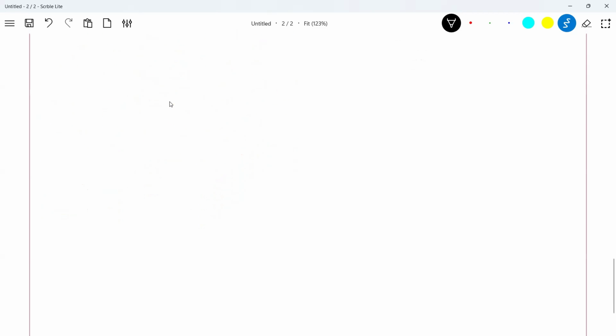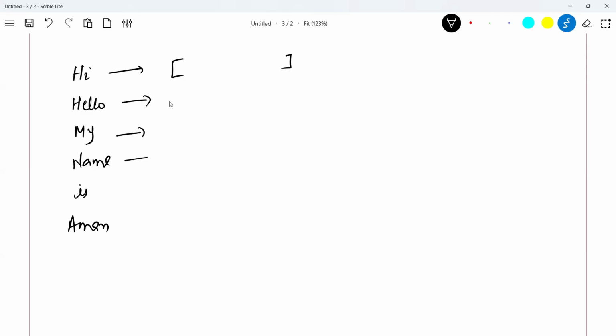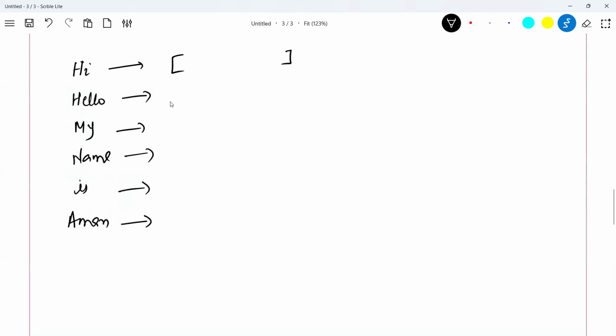When I say these two sentences, I'm talking about hi, hello, my name is Aman. So each will have its own word embedding. When I'm trying to send this to a neural network for training, I should have a matrix or a tensor, which we have been discussing all this while, where I can feed in these values, correct?